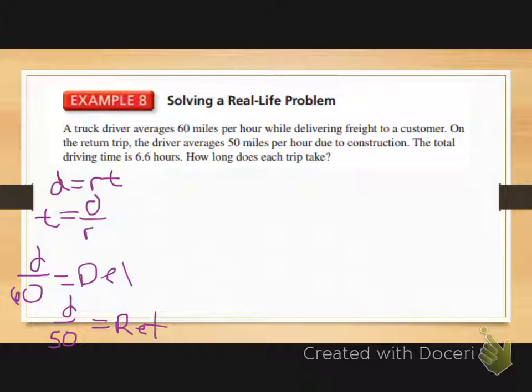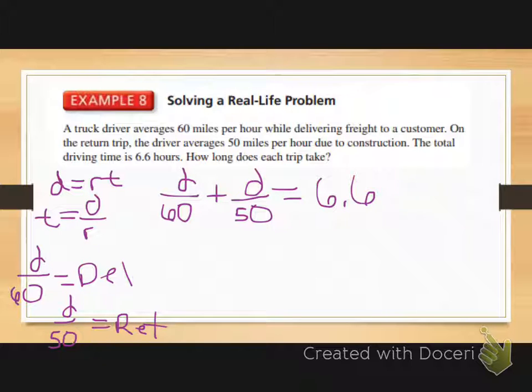Alright? So, use these expressions and the total drive time to write the equation to find the distance one way. So we know that the distance divided by 60 plus the distance divided by 50, because the distance is the same both ways, is equal to 6.6. The sum of the two trips, 6.6 hours. So we're going to find a common denominator, which is 300, and we'll end up with 11D over 300 equal to 6.6.